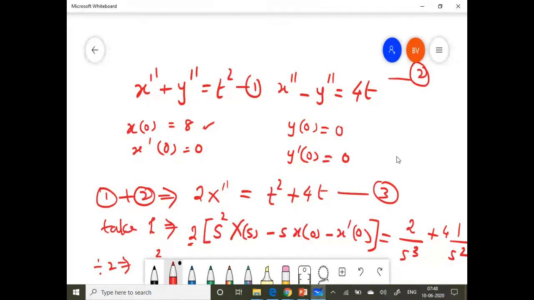Y double prime minus of minus y double prime is 2y double prime equal to t square minus 4t. Isn't it? T square minus 4t. So when you divide, okay, let's go ahead with this one.